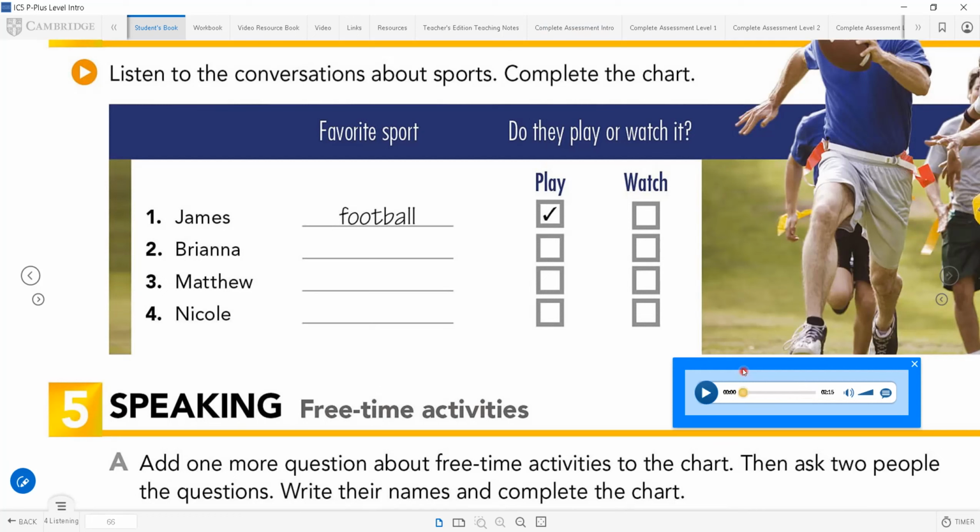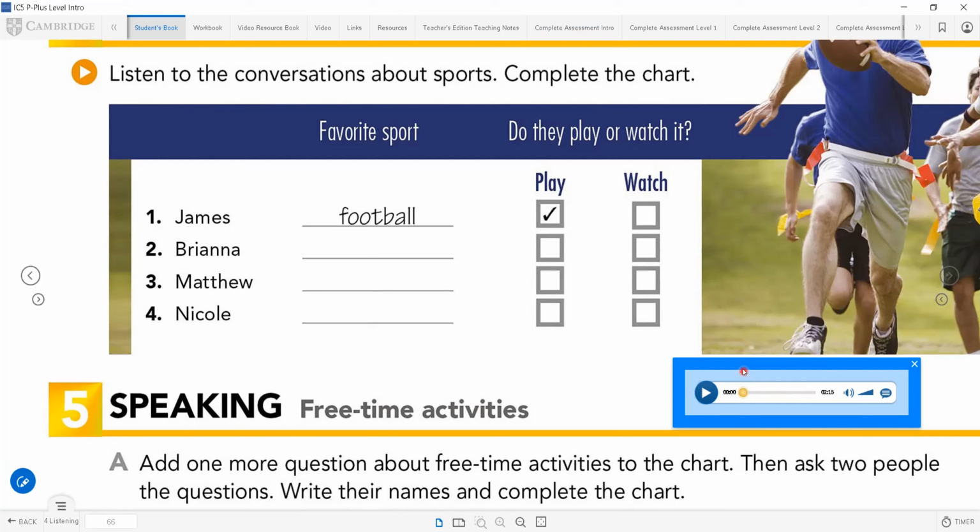Everybody. Number 2, Brianna. What is the favorite sport? Tennis. Does she play or does she watch the sport? She plays. Matthew, what is his favorite sport? Baseball.